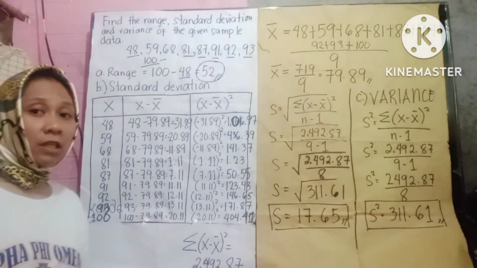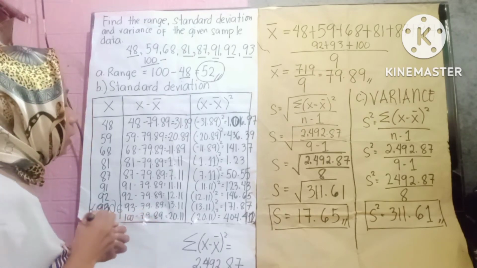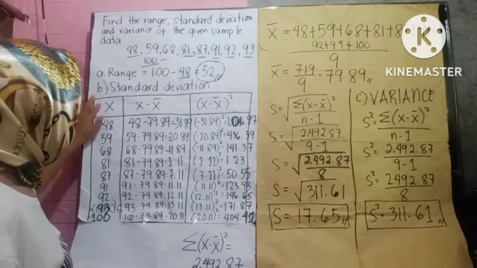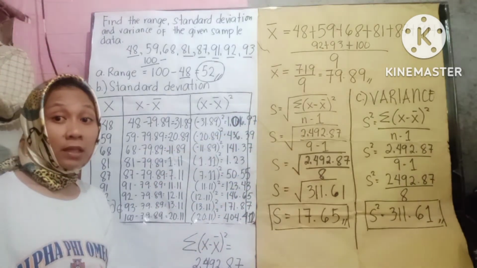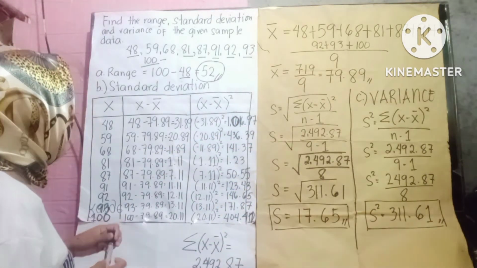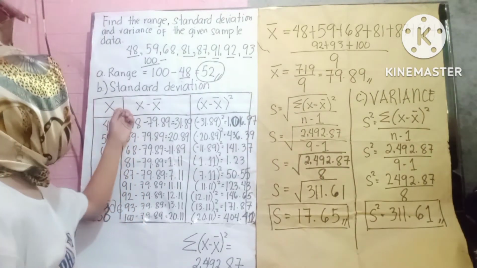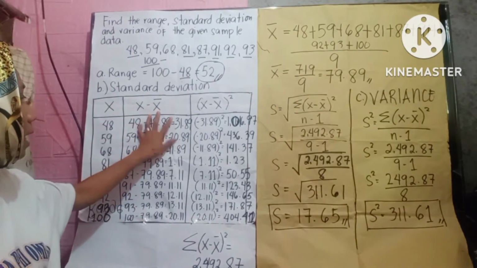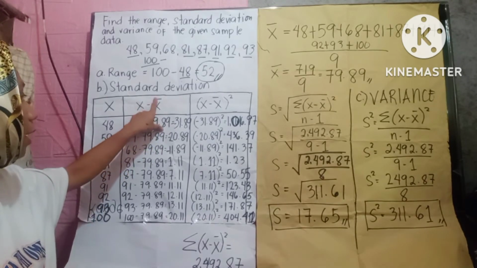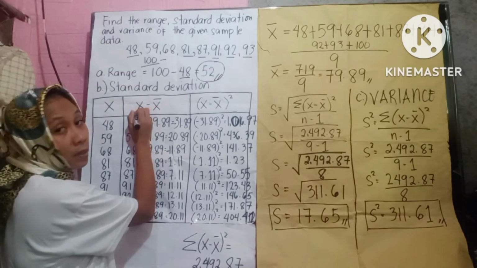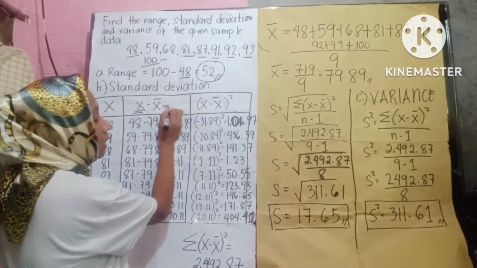For the standard deviation, I made a chart so we can understand it better. x is the numerical data. The second column is x minus x bar, the numerical data minus the sample mean.